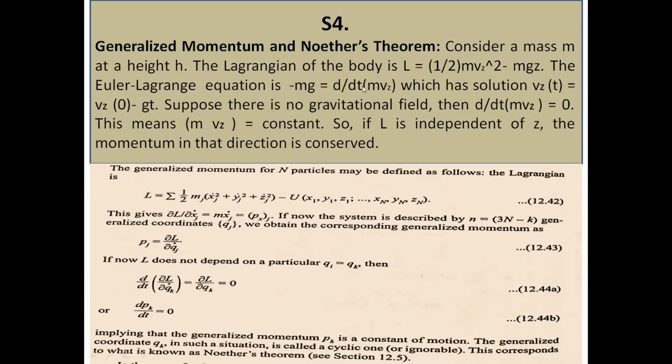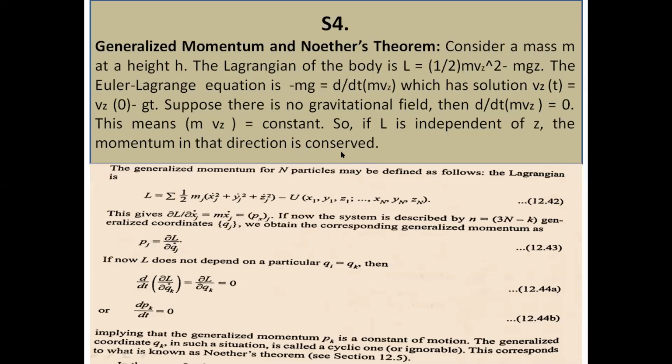For an n-particle system, there are 3n coordinates to specify the location of those n particles, and if k is the number of constraint equations, then 3n minus k will be the number of independent variables, and those are what are called the generalized coordinates. So in terms of generalized coordinates, in general, pj, the momentum of the jth particle, will be del L del qj dot.